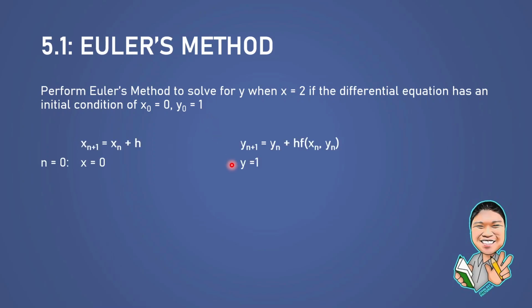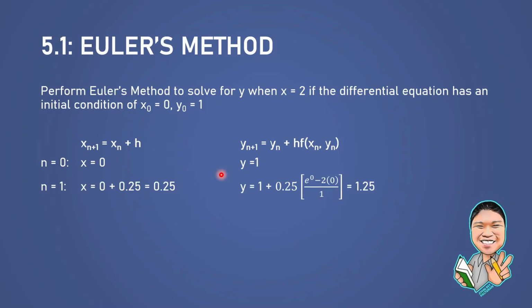So here we start with n equals 0. I put the initial condition first, class. So x0 is 0 and y0 is 1. And take note, h here is 0.25.